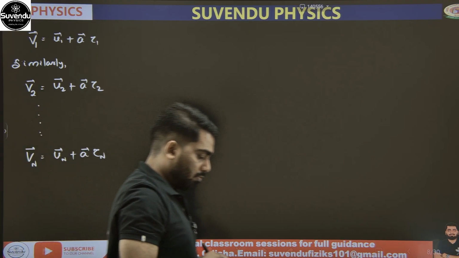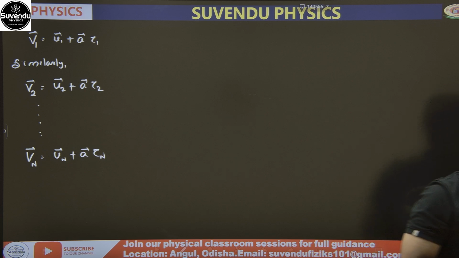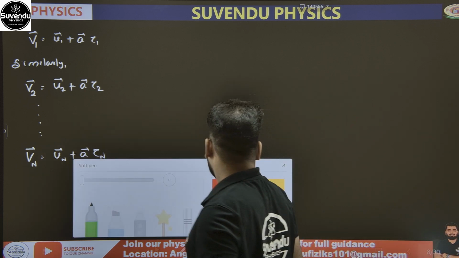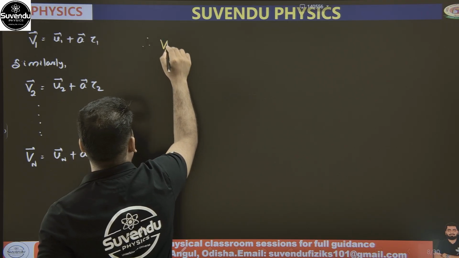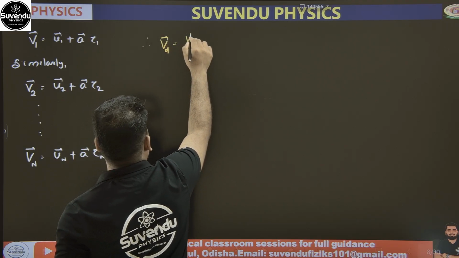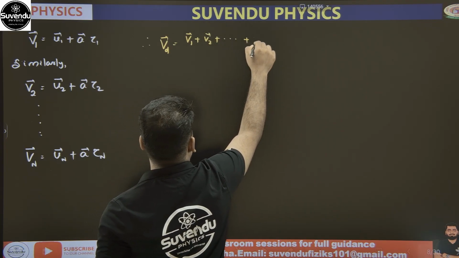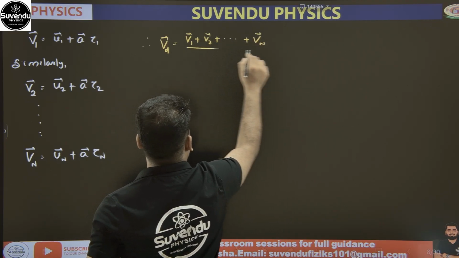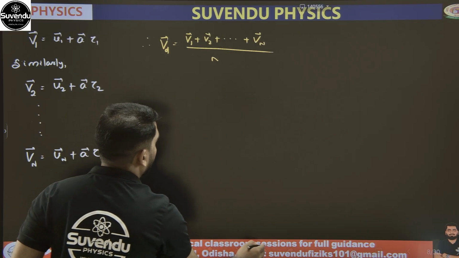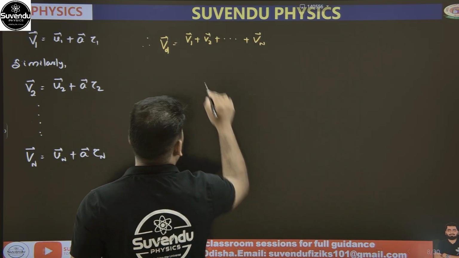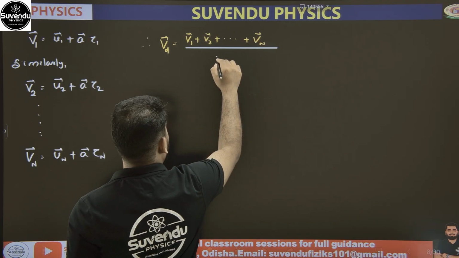Now, what is the drift velocity expression telling us? Drift velocity is the average velocity of all the electrons: v1 vector plus v2 vector plus dot dot dot plus vn vector, divided by N. This is the final average velocity of all the electrons when the conductor is connected with a battery or cell.